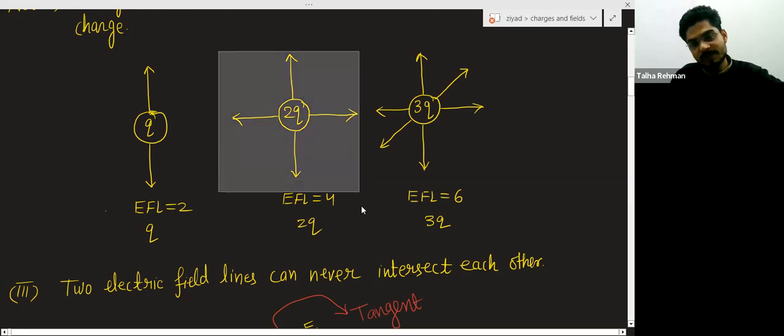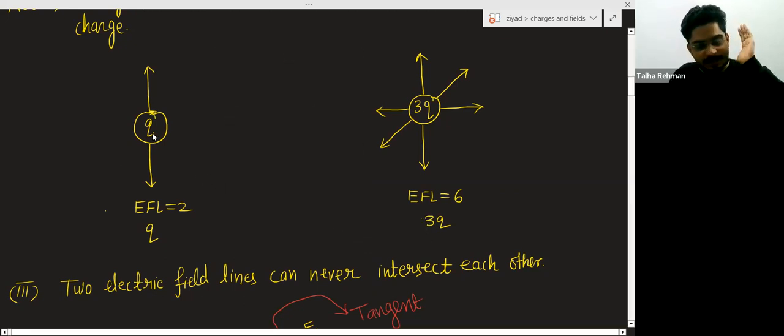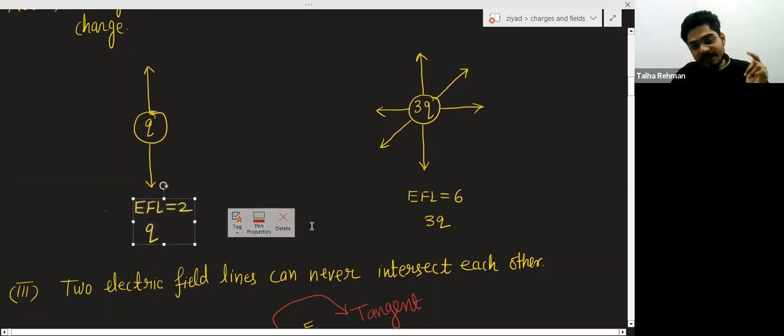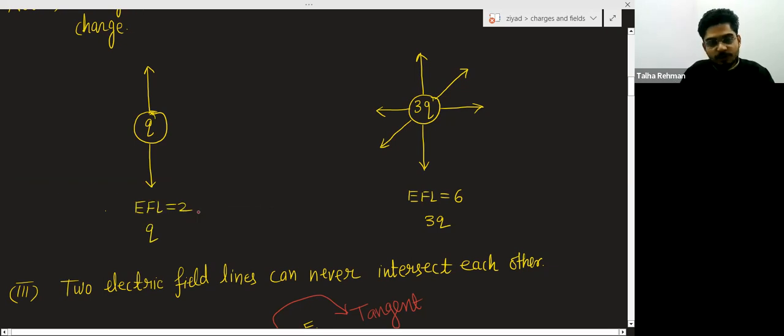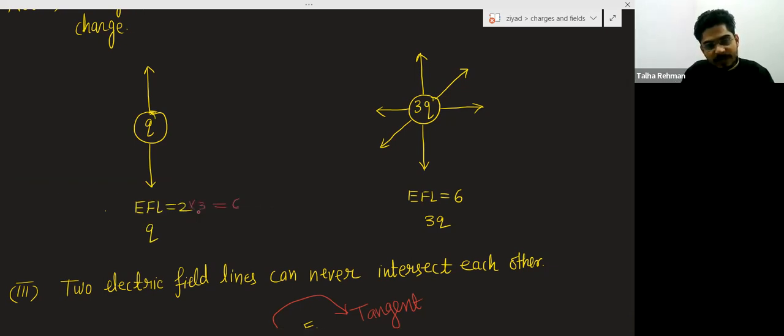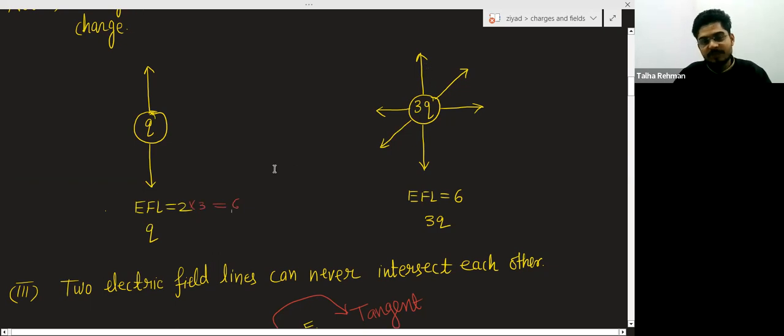Now remove this. If you have a charge q, and after that there is another charge 3q, 3 times this charge, the number of electric field lines for this charge is 2. The charge is becoming 3 times, so the number of electric field lines also becomes 3 times. Here the electric field lines are 2, and 3 times means 2 into 3, so 6 electric field lines should be there. 1 2 3 4 5 6.